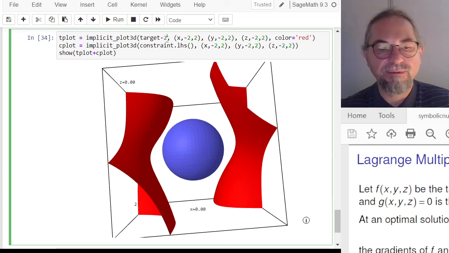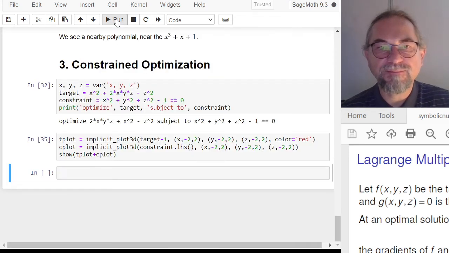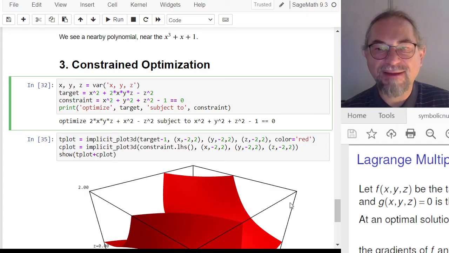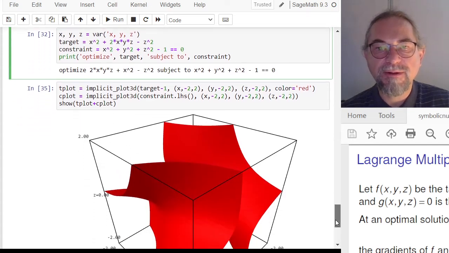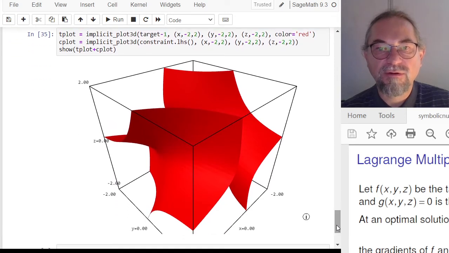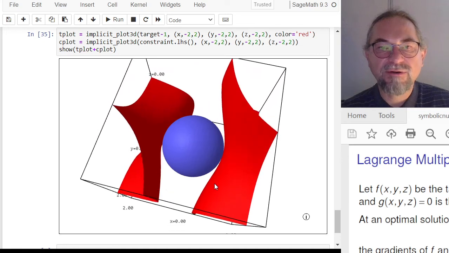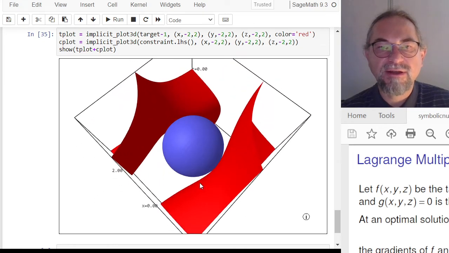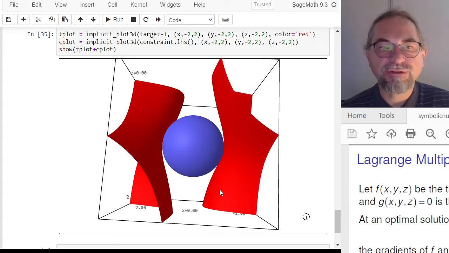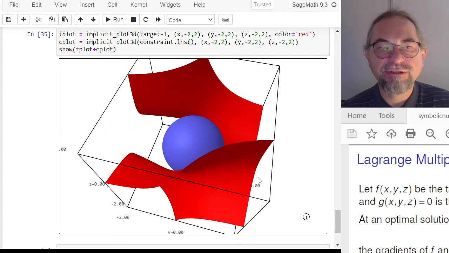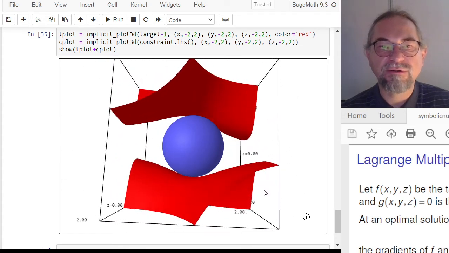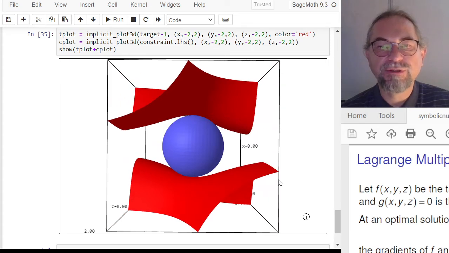So let me simply adjust this now. This is the nice thing about the dynamic setup. So this is a concocted, very simple problem. For the target equal 1, you see that the blue sphere touches the sheet, and it touches the sheet at 2 points. So I have my blue sphere, which is now wedged in between these 2 sheets.